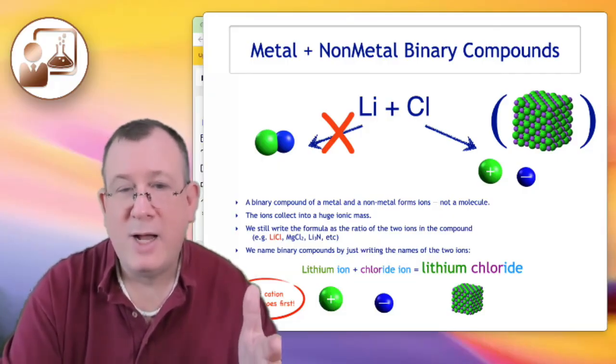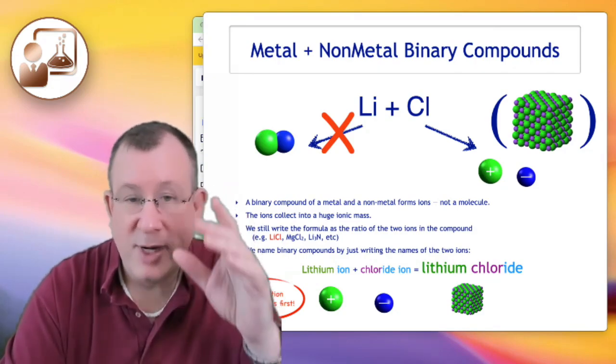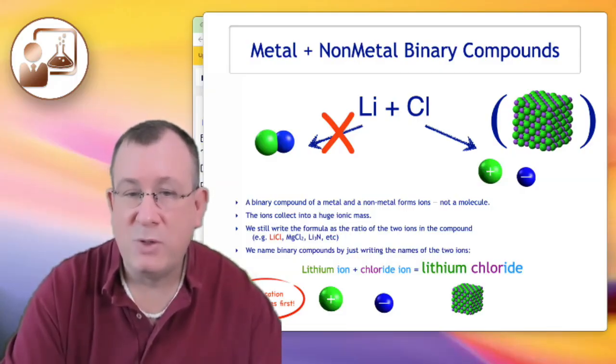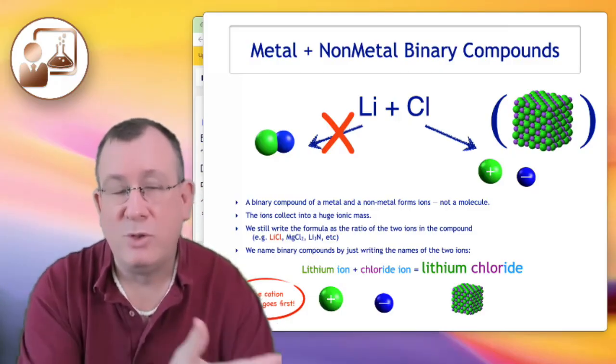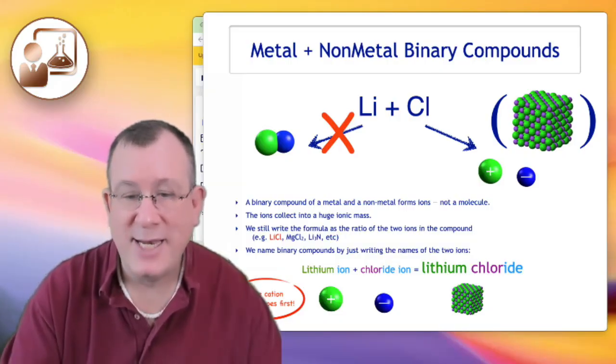All right, now a couple tricks here. One is always lead with the positive. Whether you're writing the name or you're writing the formula, always put the positive first, the cation first. Lithium, it's always lithium chloride. It's never, for example, chlorine lithide. The cation always goes first in the formula and in the name.